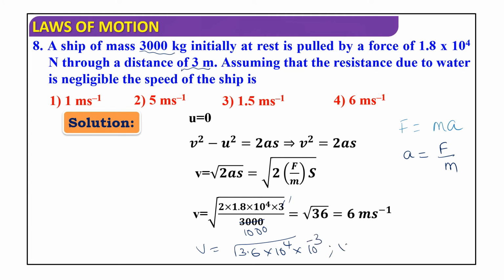So v = root of 3.6 into 10 to the power of 4 minus 3, that is 3.6 into 10, which is 36. So root 36 is 6. So the speed of the ship is 6 meters per second. So which option is correct? The fourth option is correct.